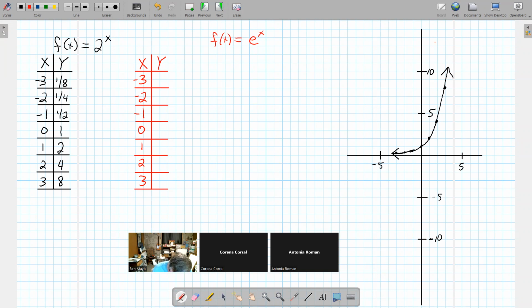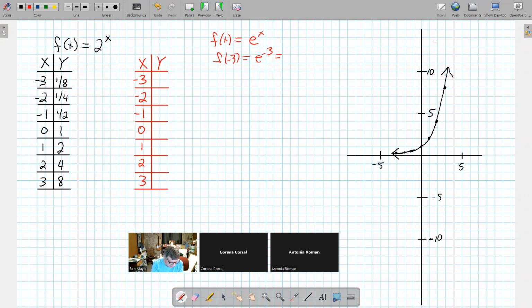And I'm going to round them off here. So f of -3 would be e to the -3 power. On my calculator, remember I talked about how the second function of the ln natural log button was e to the x.